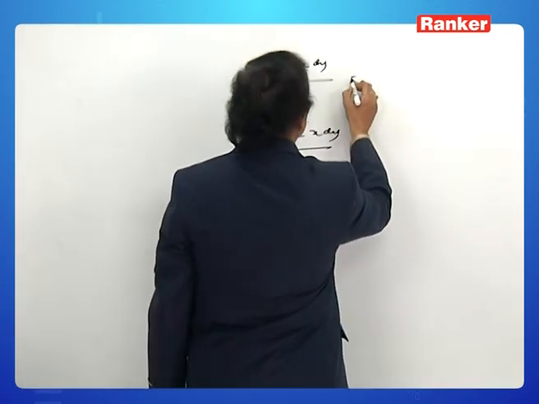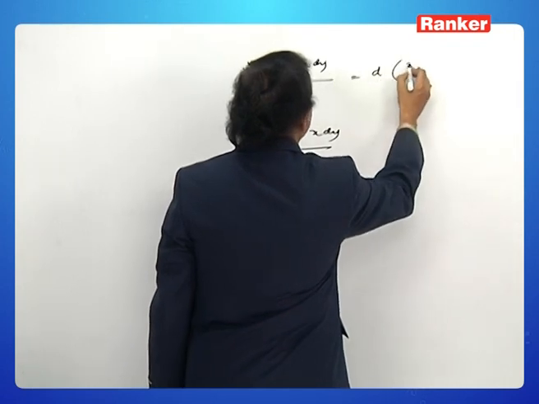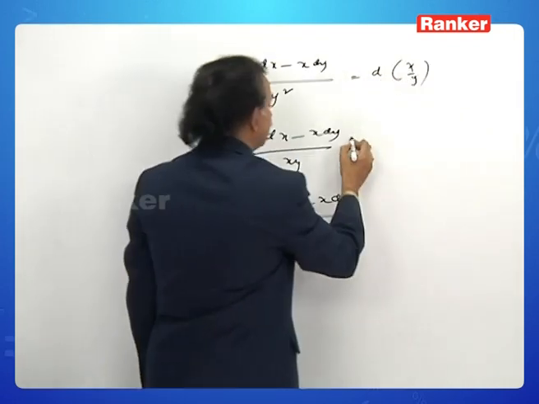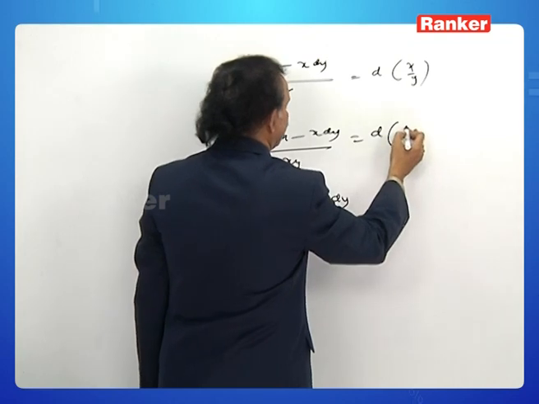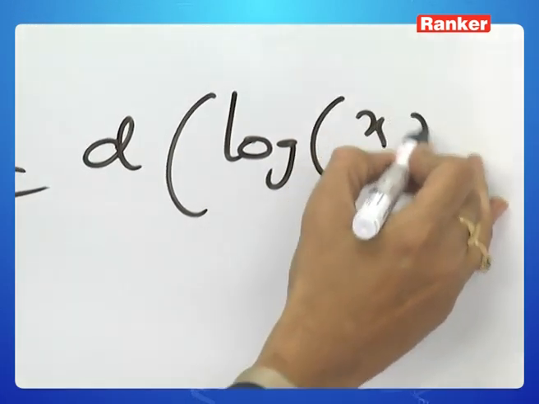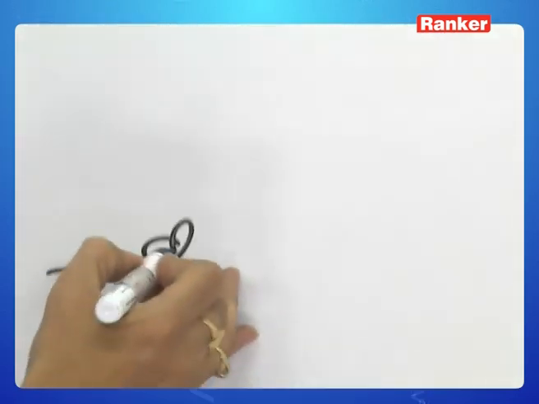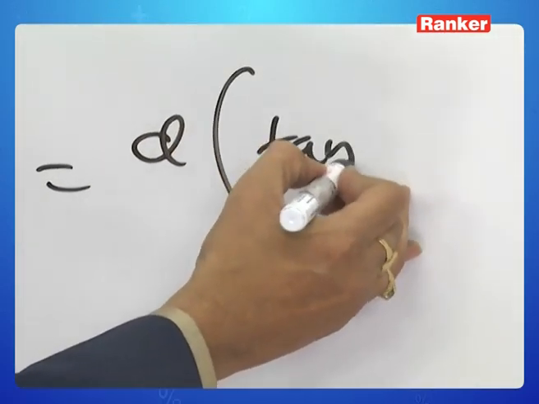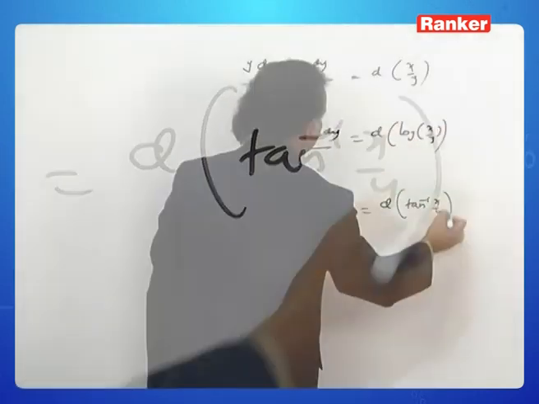Okay, this is nothing but d of x by y. This is nothing but d of log of x by y. This is nothing but d of tan inverse x by y.